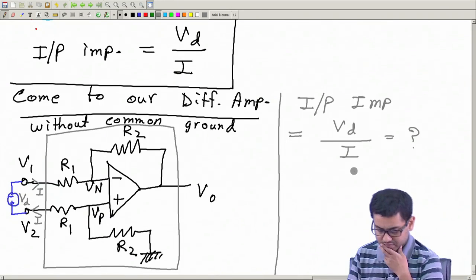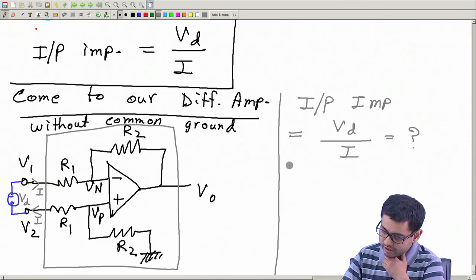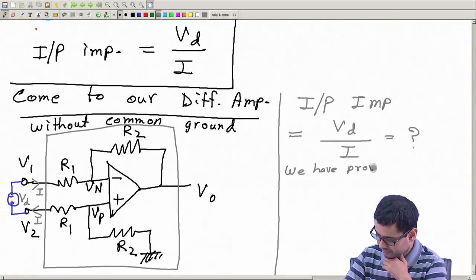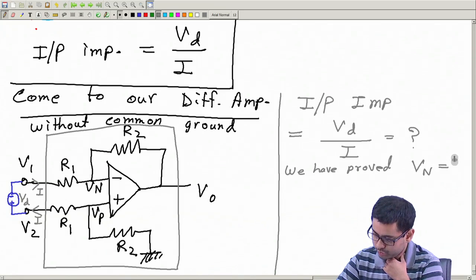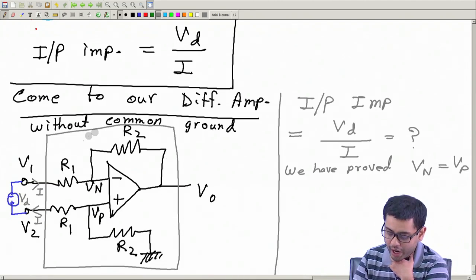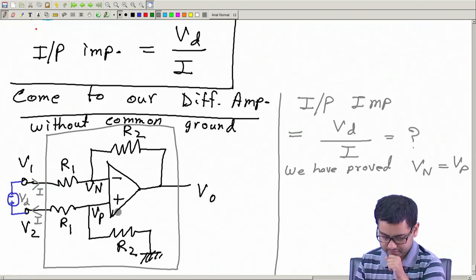Now you observe that we have proved previously that Vn will be equal to Vp if we do a detailed analysis of this circuit, because in this circuit virtual shorting is going to work.